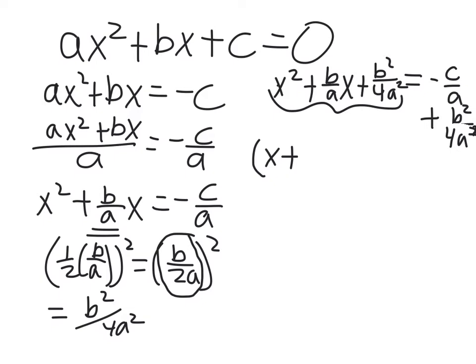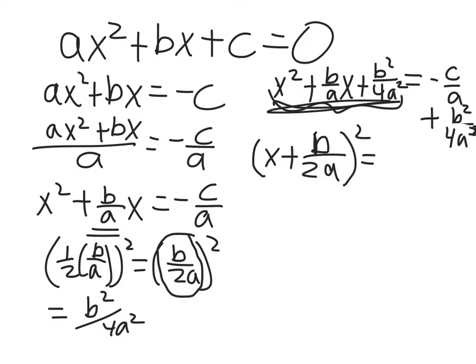So x plus b over 2a, quantity squared, and if you'd want, you can go ahead and multiply that out in terms of your a and b, and you should get this right here.